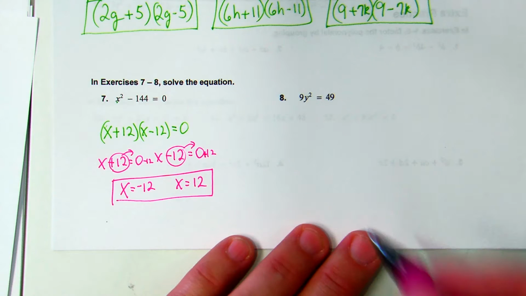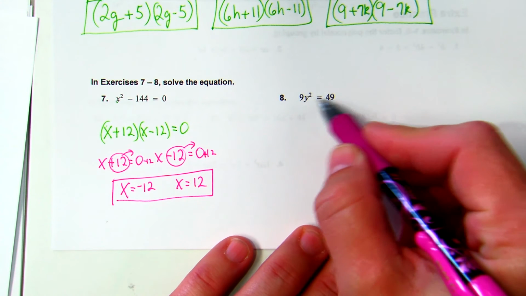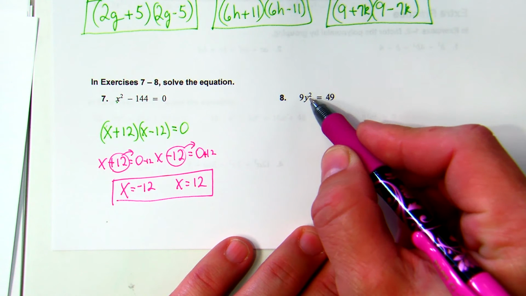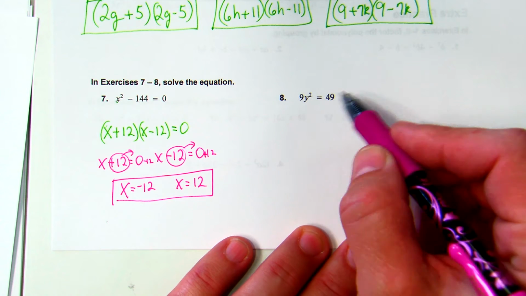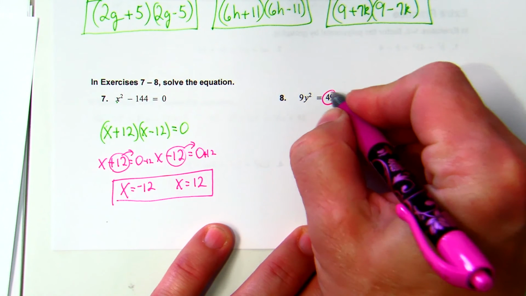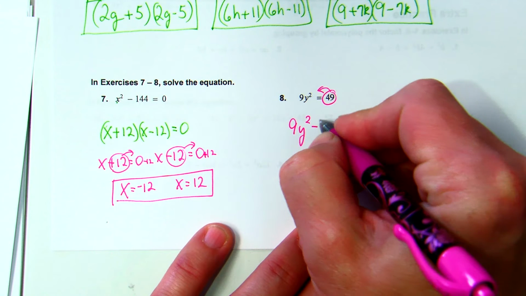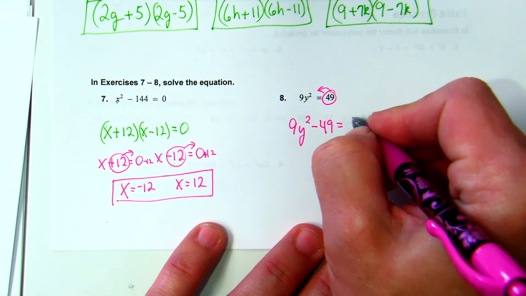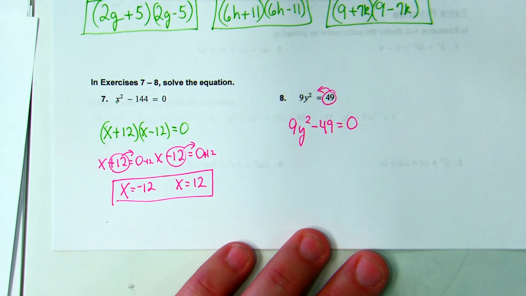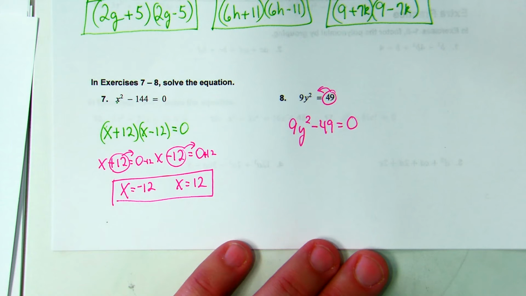All right, number 8, we have to get it in standard form first. We need to get the 49 on the left with the 9y squared and then set this all equal to 0. So if I move the 49 across, I'm going to end up with 9y squared minus 49 equal to 0. So now I can use my difference of squares pattern to break this apart into the two factors.